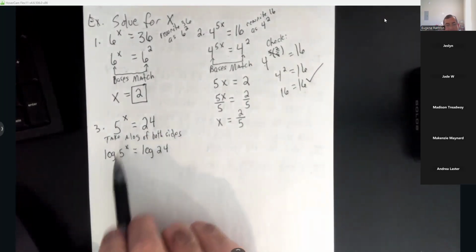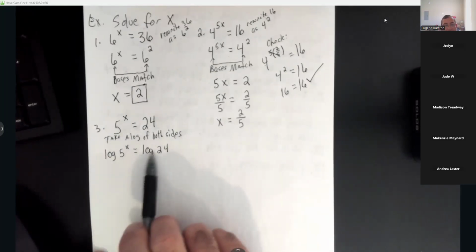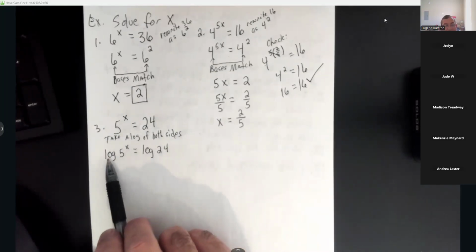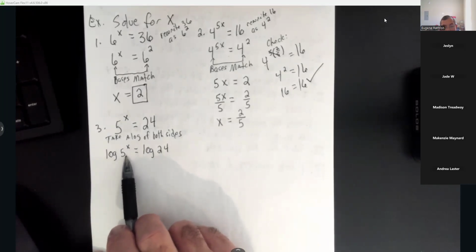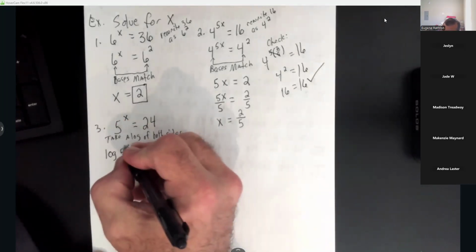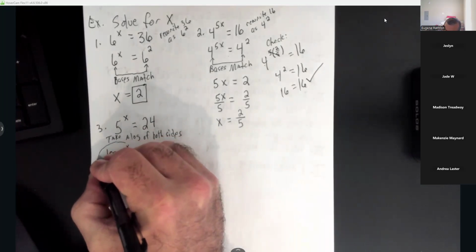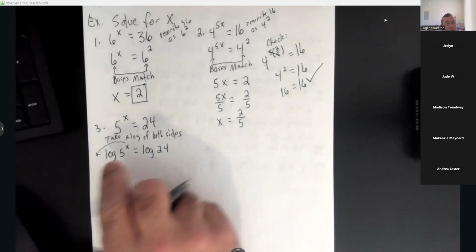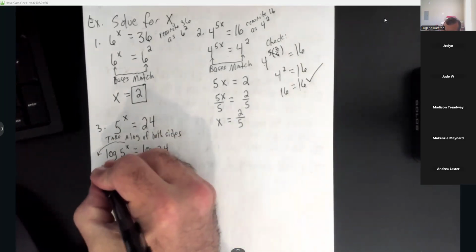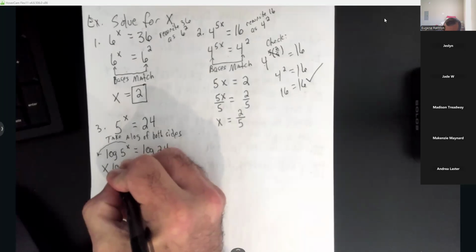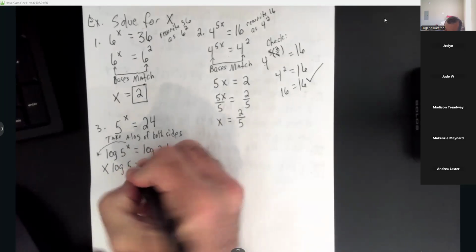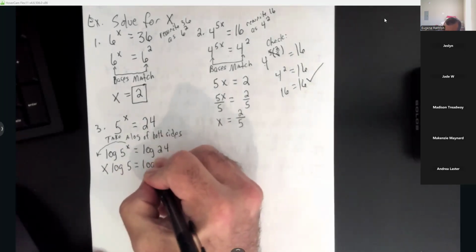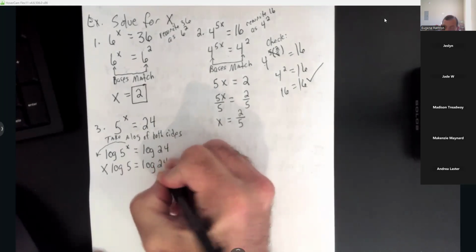Now remember, the whole reason we're doing this was I could rewrite this side as a product. So we're going to bring this x down to the front and rewrite it as x times log 5. That's going to equal log 24.